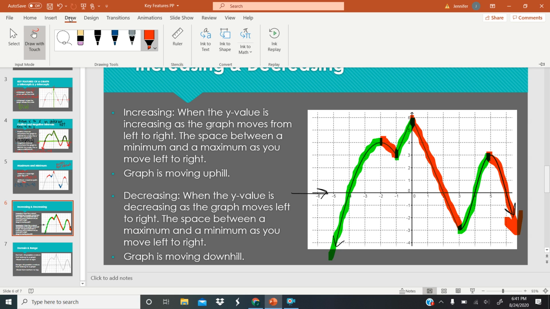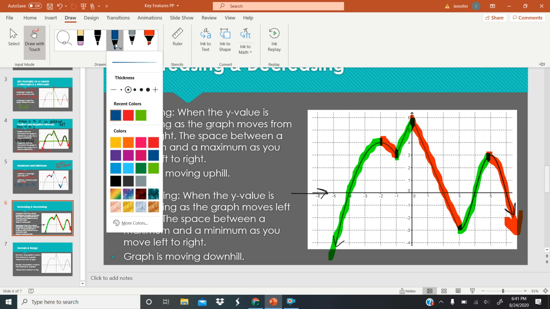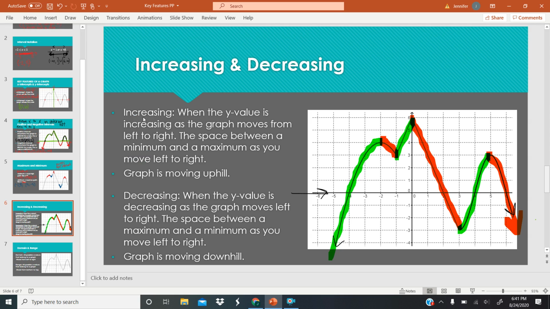So whenever you're doing interval notation with these, remember that you're writing from the x values. So this one, it's pointing off towards negative infinity. And you go on this axis right here until it changes to red, and it changes to red when x equals -2.